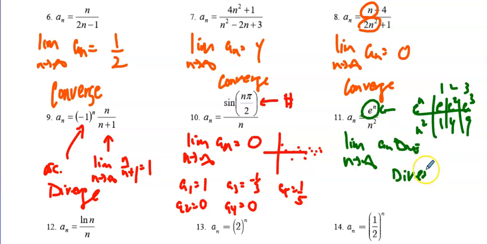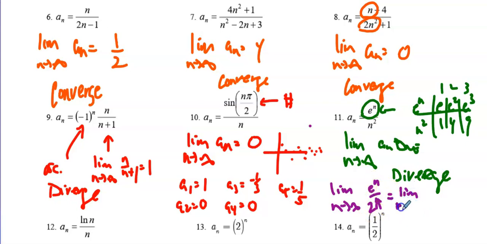Now, another way you could have done this problem, if you didn't like it, is to apply L'Hopital. L'Hopital is actually alive and well with these problems. If you plug in, you get infinity over infinity. So I could do L'Hopital, and I get e to the n over 2n, which would again give you infinity over infinity.